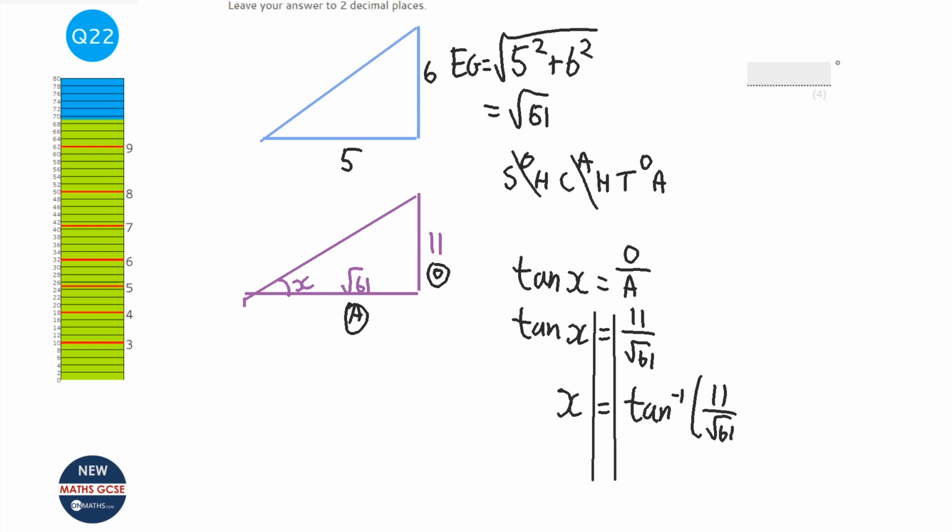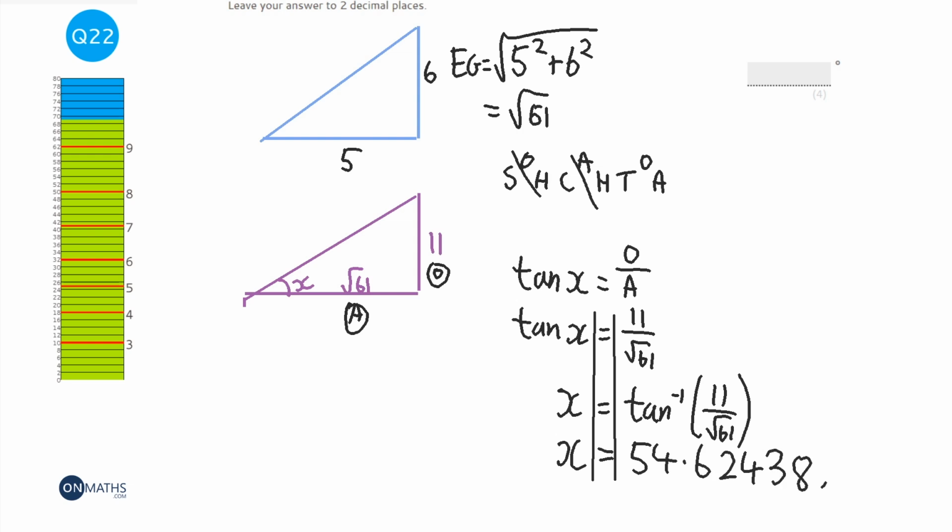Just standard trigonometry. So inverse tan and fraction 11 over root 61, and just close the bracket. There we go. And it says that X is 54.62438 and so on. It wants 2 decimal places, so the answer I'm going to write is 54.62.